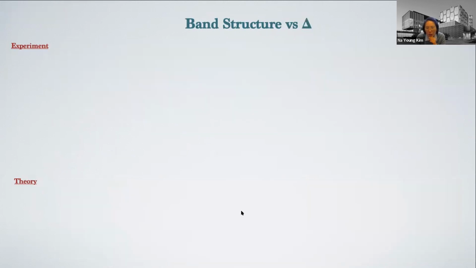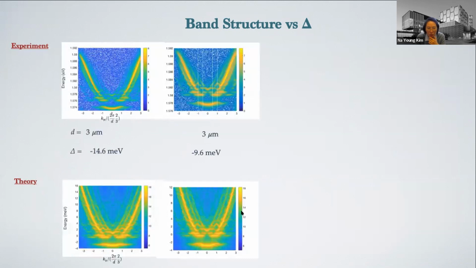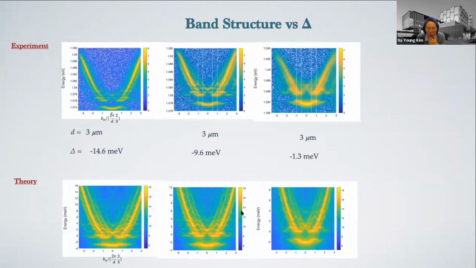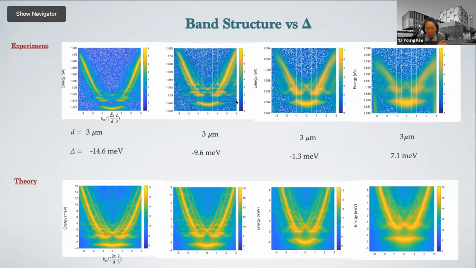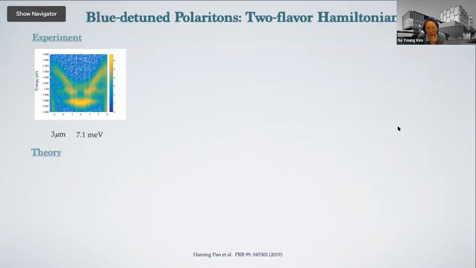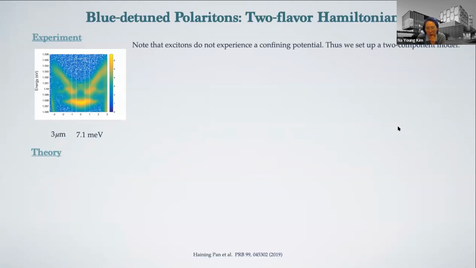The second quantity we vary is the detuning, in other words, the amount of exciton versus photon. From left to right, we have more photon on the left and more exciton on the right. You may catch some discrepancy when you go to the more positive, more excitonic part. We are able to solve this puzzle in terms of a two-flavor Hamiltonian.